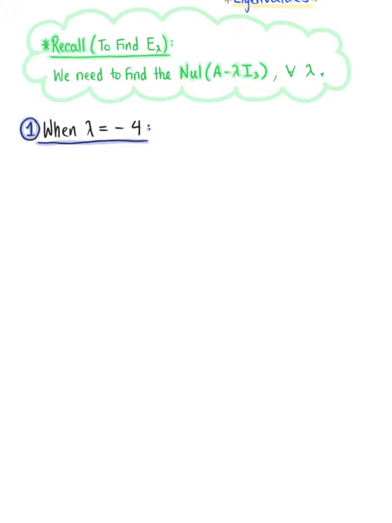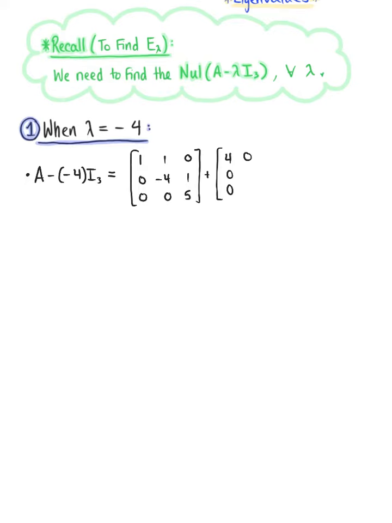So we need to find the null space of the matrix A minus negative 4 times that 3 by 3 identity matrix. So we have our given matrix A is 1, 0, 0, 1, negative 4, 0, and then 0, 1, 5. And we are adding this to the 3 by 3 matrix 4, 0, 0, 0, 4, 0, 0, 0, 4.